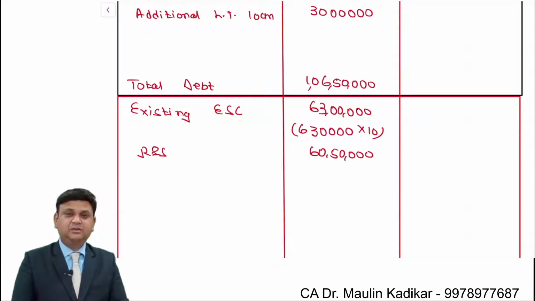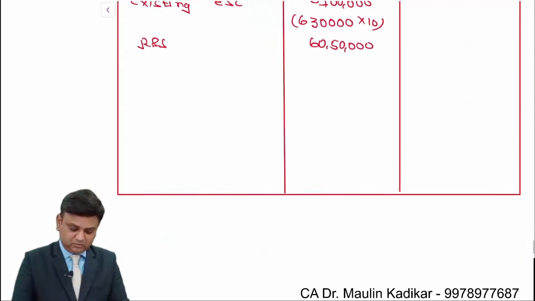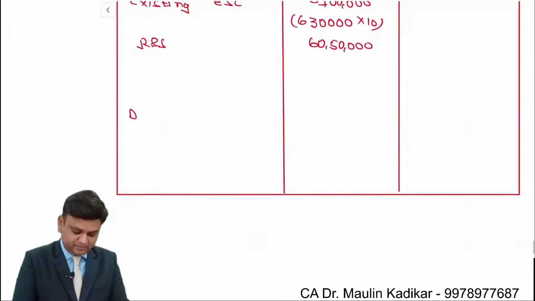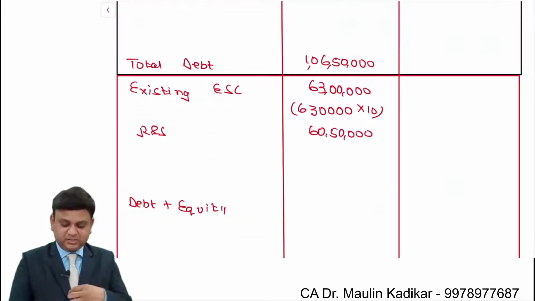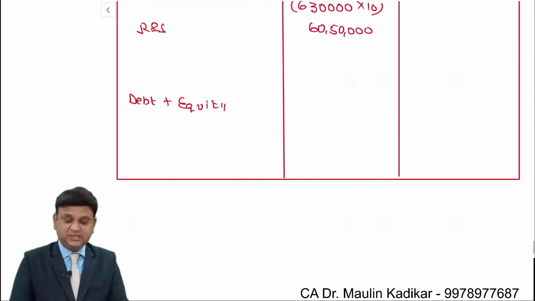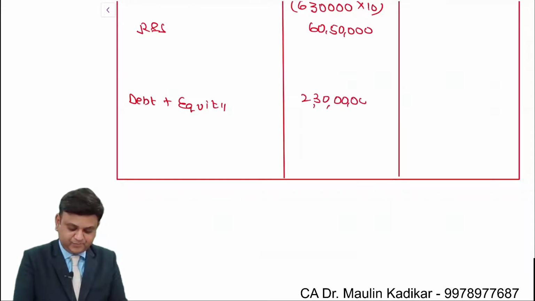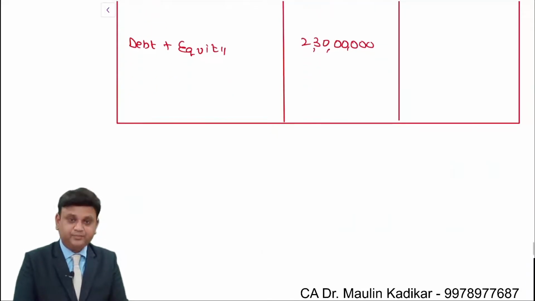In the first option, there is no additional equity financing. So I'm writing over here debt plus equity: 106.5 lakhs plus 63 lakhs plus 60 lakh 50,000, and the answer is 230 lakhs. Next is the debt equity ratio.